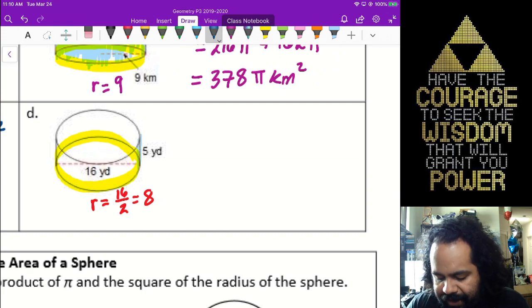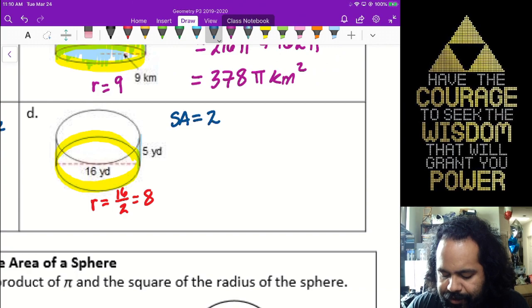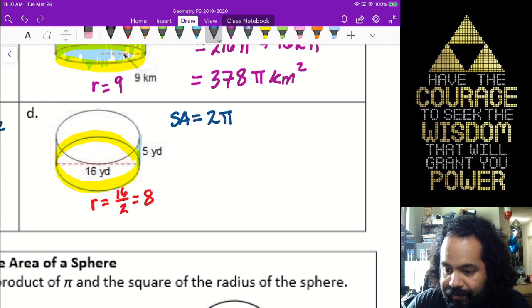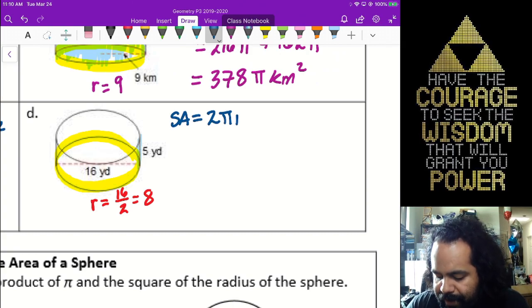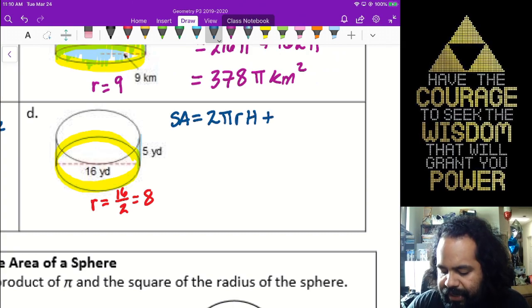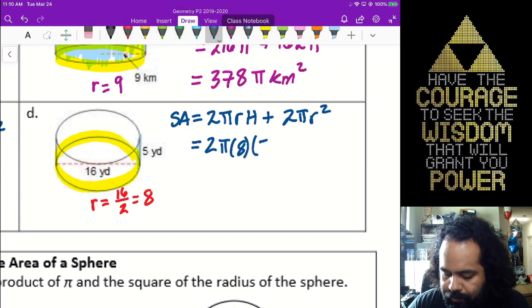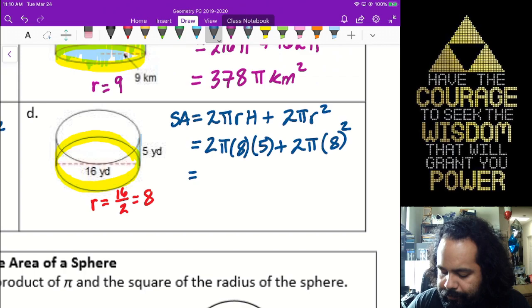218 pi. That sounds about right. Let's go for it. Surface area: 2 pi r h plus 2 pi r squared. So now 8 times 5 is 40, times 2 is 80.